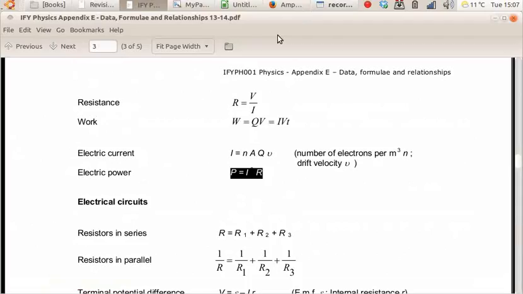A current of 2.4 amps flows through a metal wire of resistance 28 ohms. Determine the power dissipated as heat. So this is how much power is lost as heat. I don't know if you remember the formula for how much power comes out of a resistor in heat form. It might be in the formula book as well.